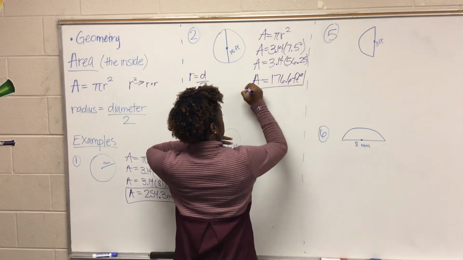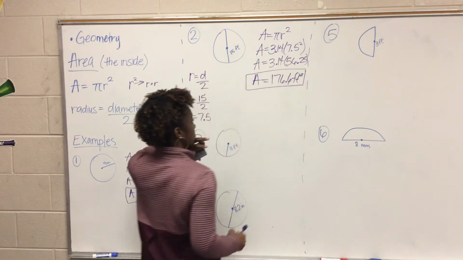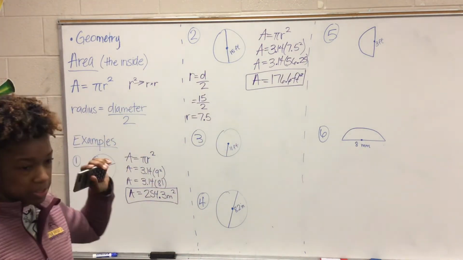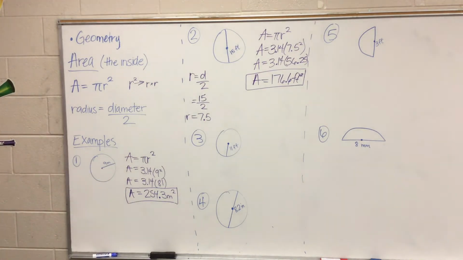Remember, we're rounding to the nearest tenth. So the area here will equal 176.6 feet squared.